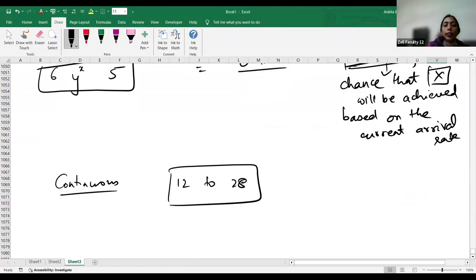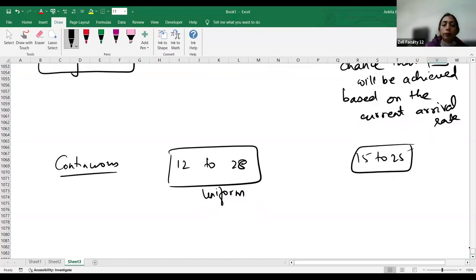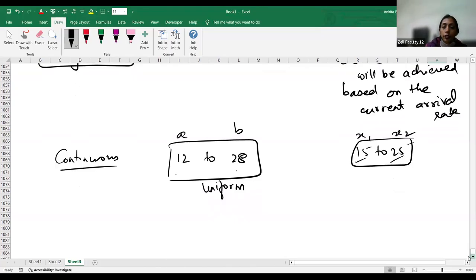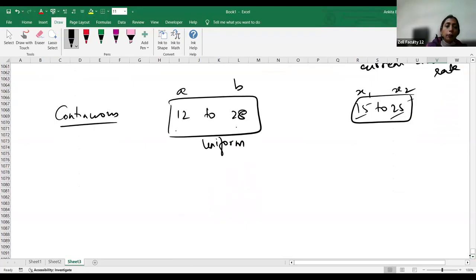What is the probability of an outcome being between 15 and 25, if this is a continuous uniform distribution? The range is 12 to 28, so I've given you a and b. Now I'm asking you what is the probability between 15 and 25 if it's a uniform distribution. Tell me the probability, everyone.